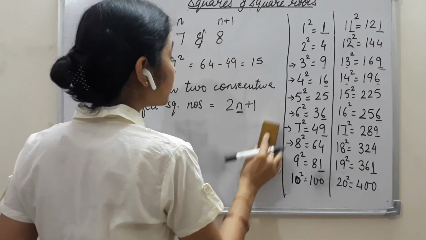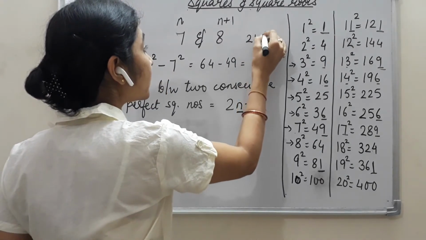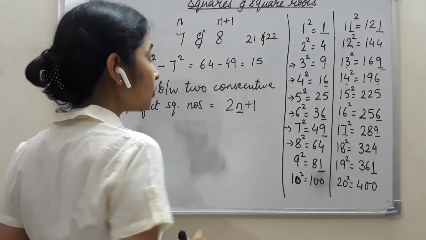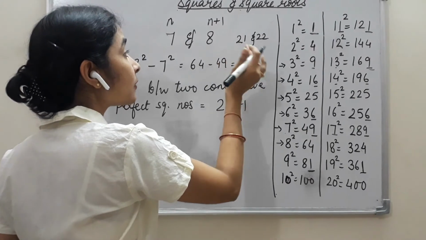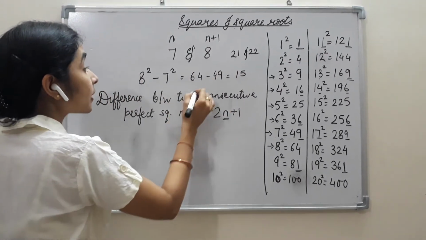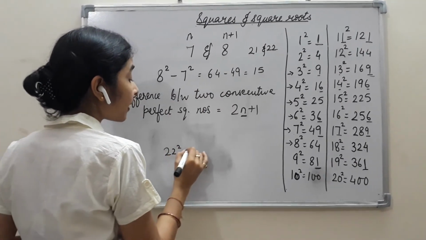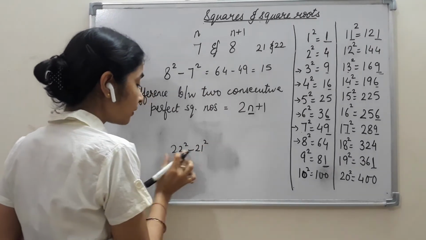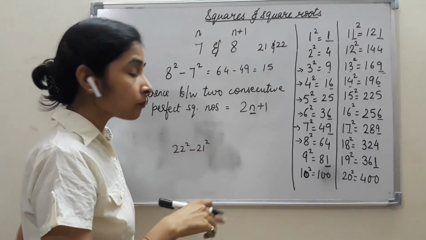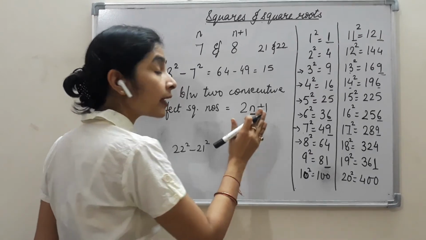If I ask you the difference between the squares of 21 and 22, that means I am asking the value of 22 square minus 21 square. It will be a long procedure if I take the square of both these numbers and then subtract, but I know the formula that it will be 2n plus 1.